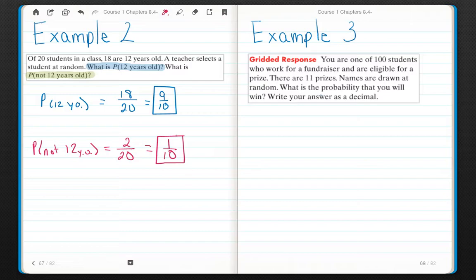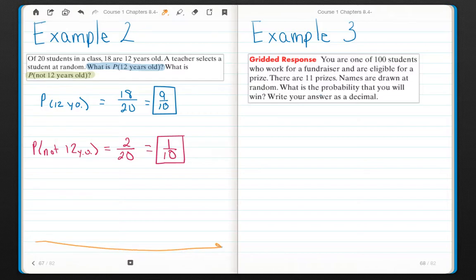Okay? All right, example 3. Probability can range.